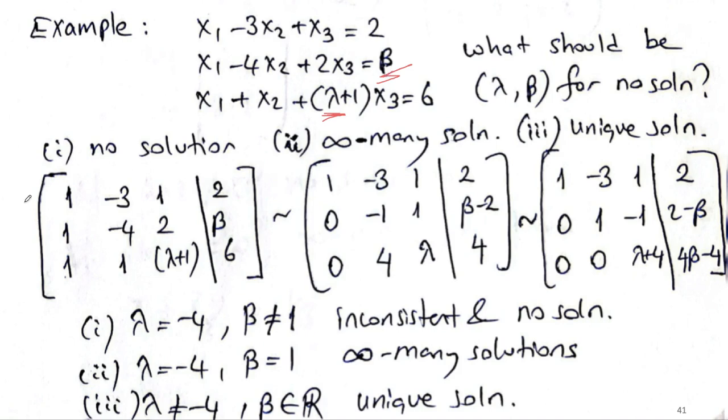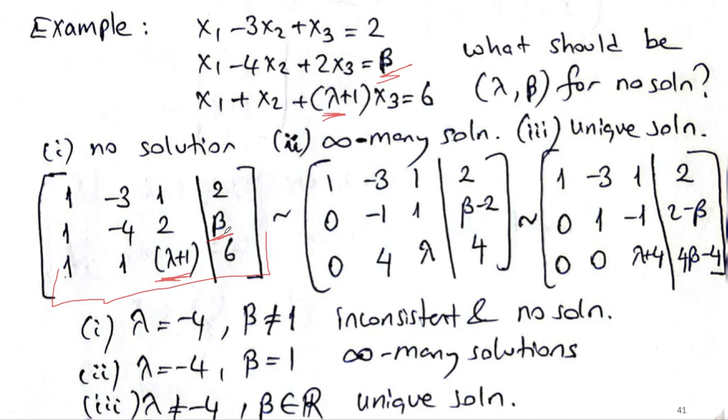As usual, we can write down our system of equations with the coefficient matrix and the right-hand side given. Notice that this is lambda plus 1, and we have beta as the two unknown coefficients in this representation.